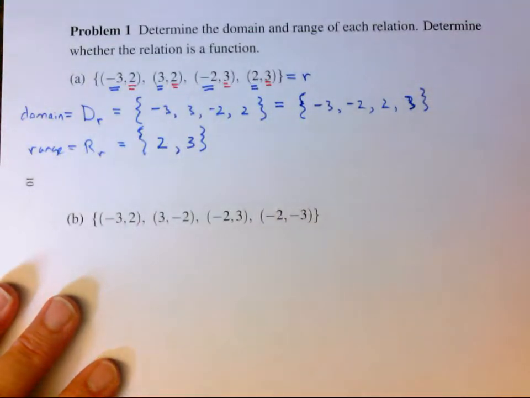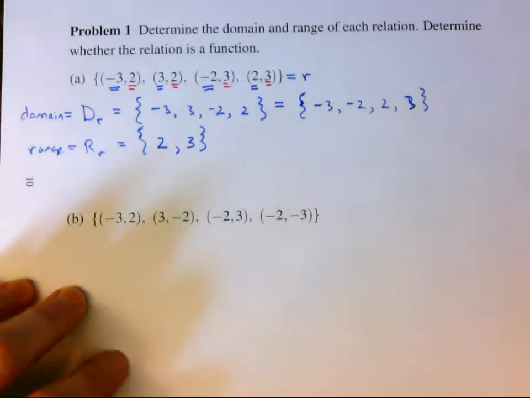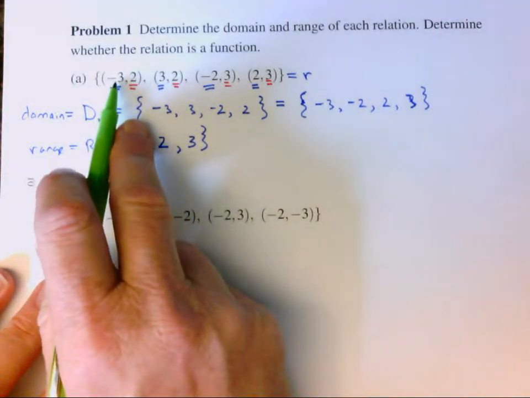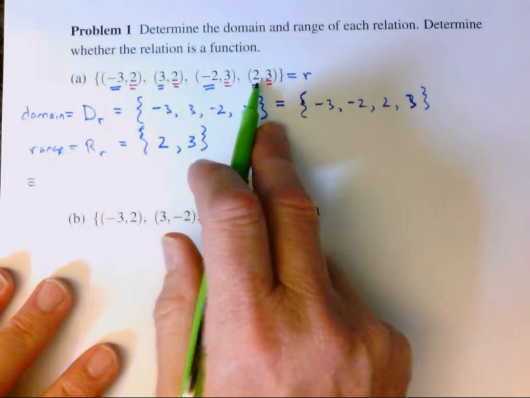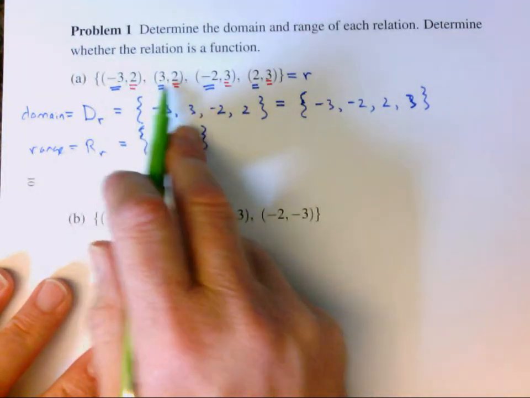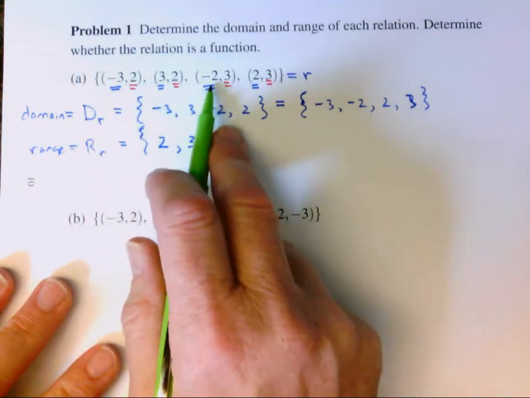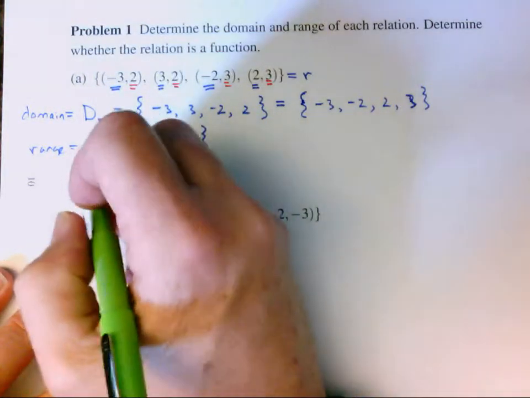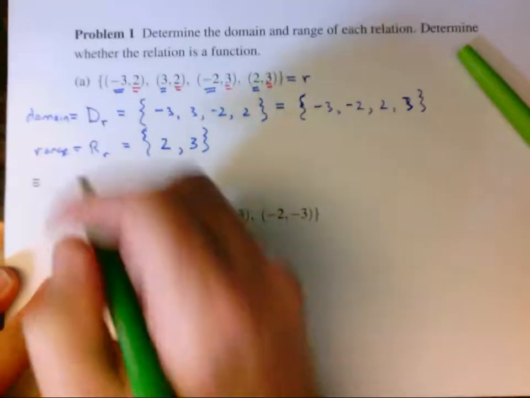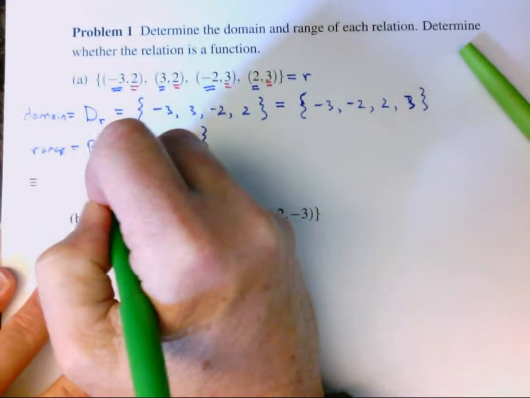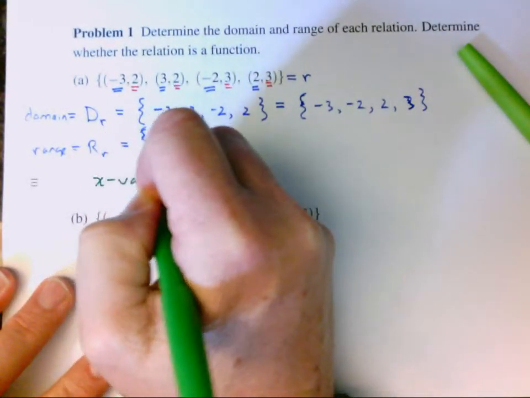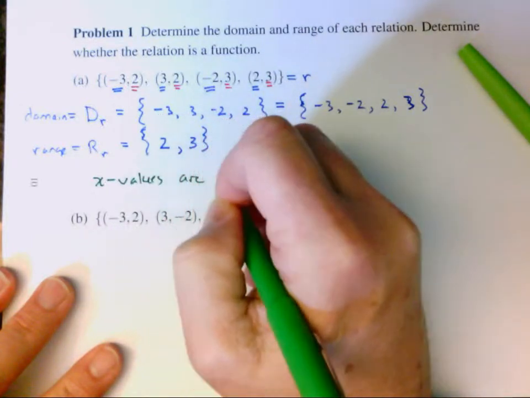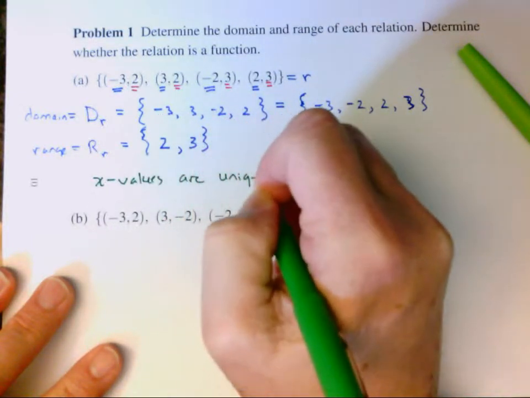Now we ask, is it a function? To be a function, the x's can only occur once. -3 only occurs once as an x. 3 only occurs once as an x. -2 only once as an x, and 2 only once as an x. So the x values are unique.